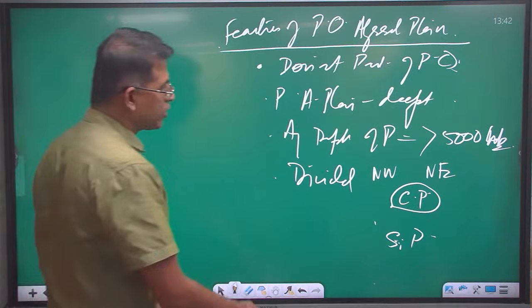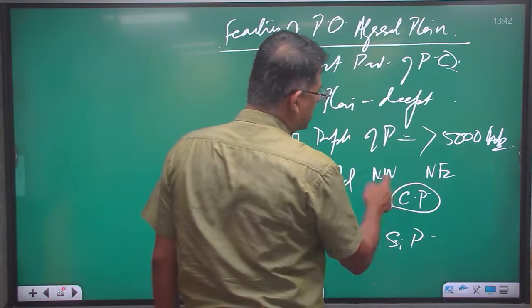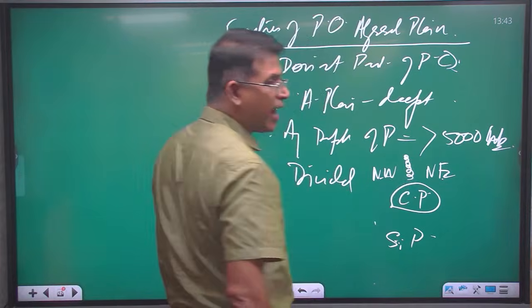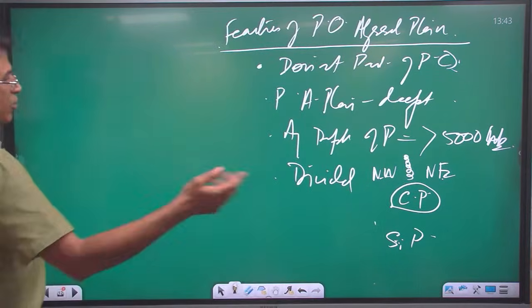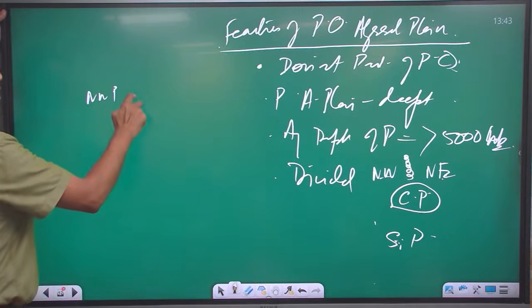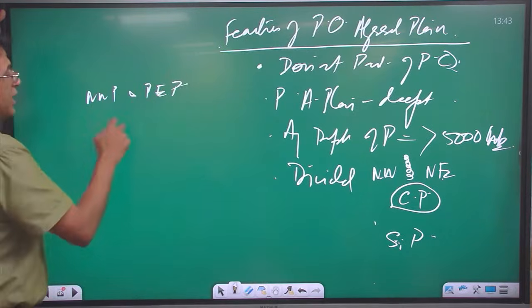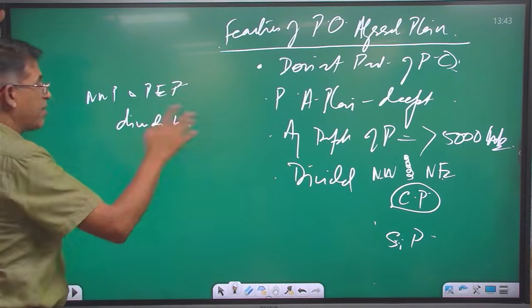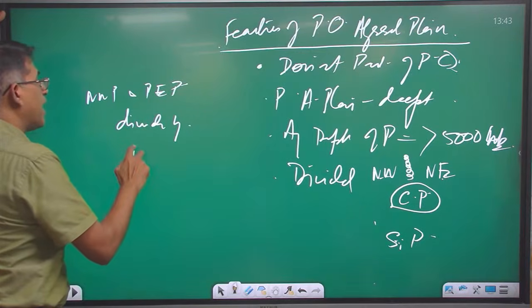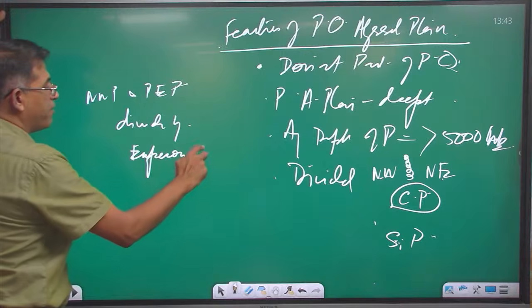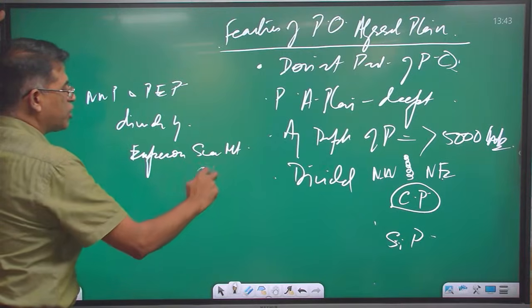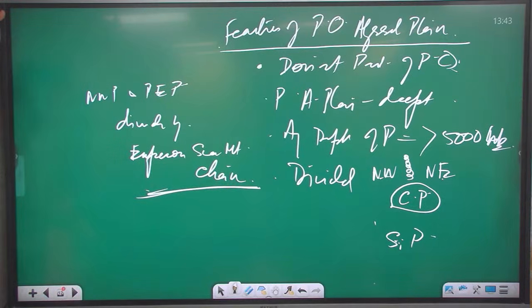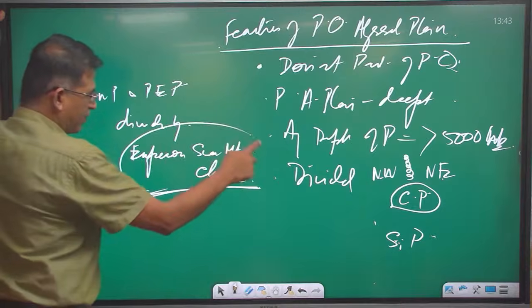Okay. Now the Northwest and Northeast Pacific division is a group of islands called the Emperor Seamount Chain. Write next: the Northwest Pacific and the Northeast Pacific are divided by the Emperor Seamount Chain.